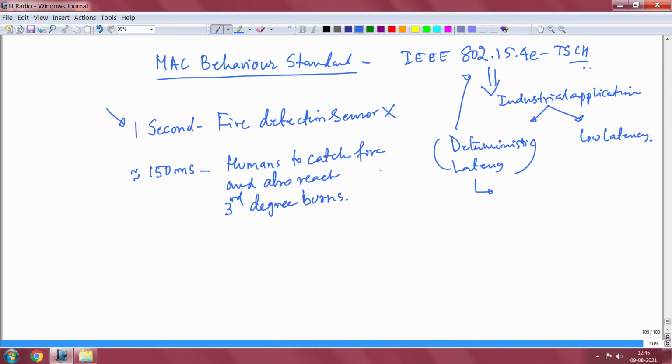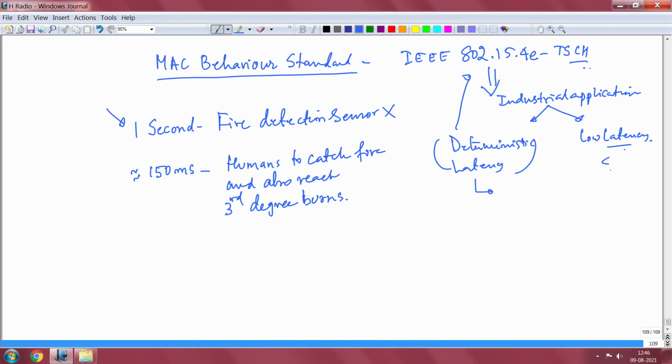You need low latency. You need a media access control behavior where the application gets low latency, that means lower than some number, and in this case it has to be much lower than 150 milliseconds.